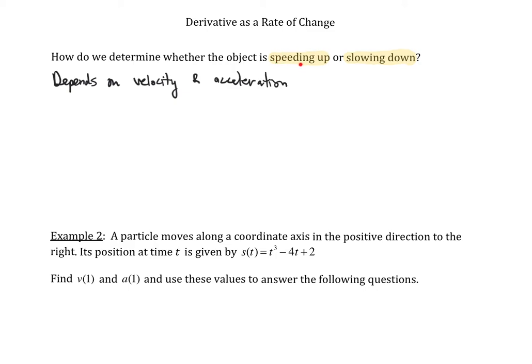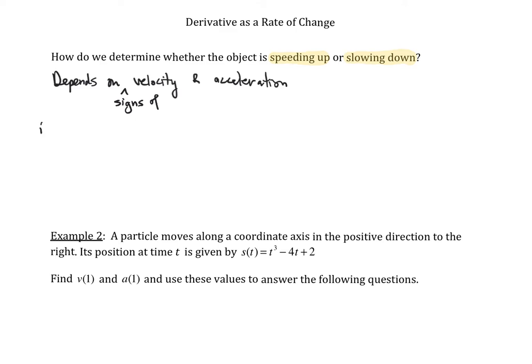Speeding up means the velocity is getting faster and faster, whereas slowing down means the velocity is getting slower and slower. The way that we can determine if the object is speeding up or slowing down is we're going to look at the signs of each of these functions. So I should really say this depends on the signs of the velocity and the acceleration.